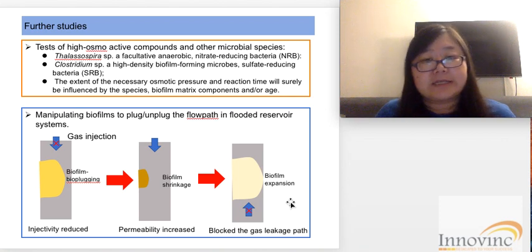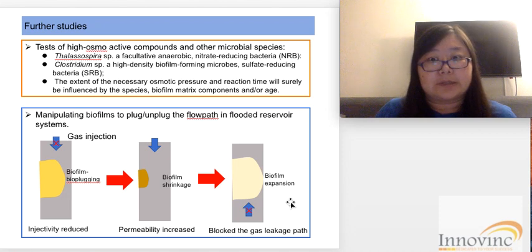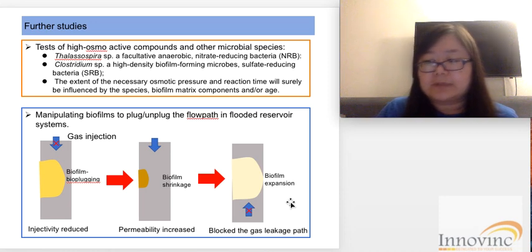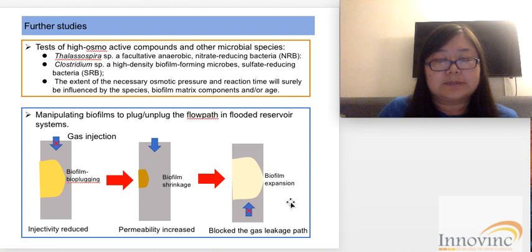And after the injection, we want to close the reservoir to store the gas, so we have to block the gas leakage path. So with this, we can inject a lower salinity solution into the tube to block the leakage path.